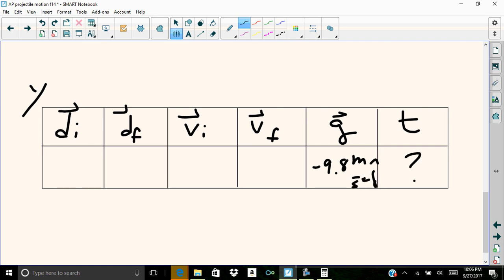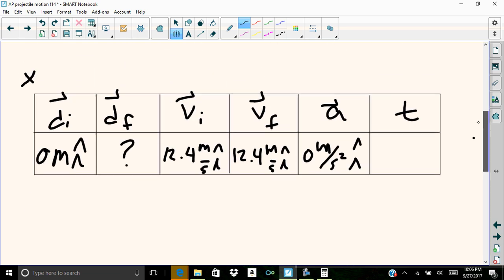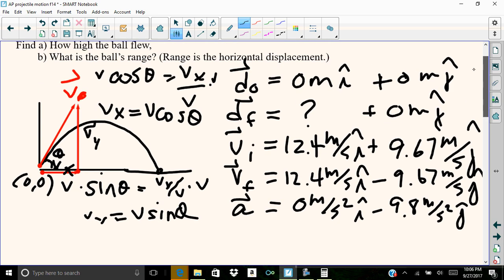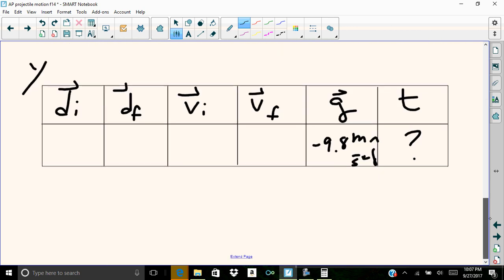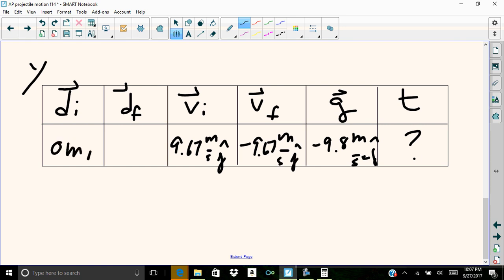Time, we're going to have to solve for it. Final velocity, initial velocity. Well, let's see here. My initial velocity is 9.67 meters per second J hat. The final velocity is negative 9.67 meters per second J hat. My initial position is 0 meters J hat. My final position is 0 meters J hat.